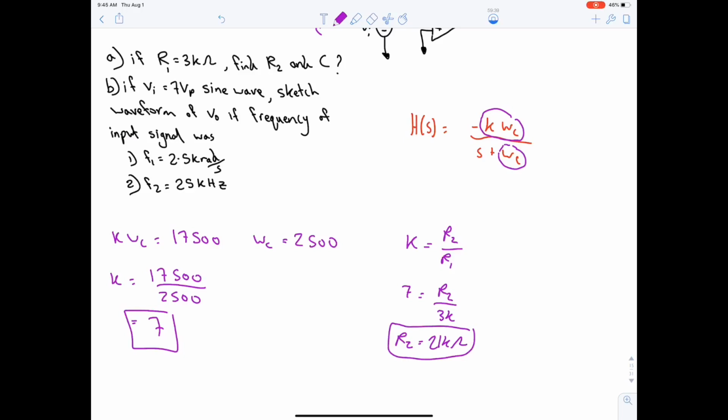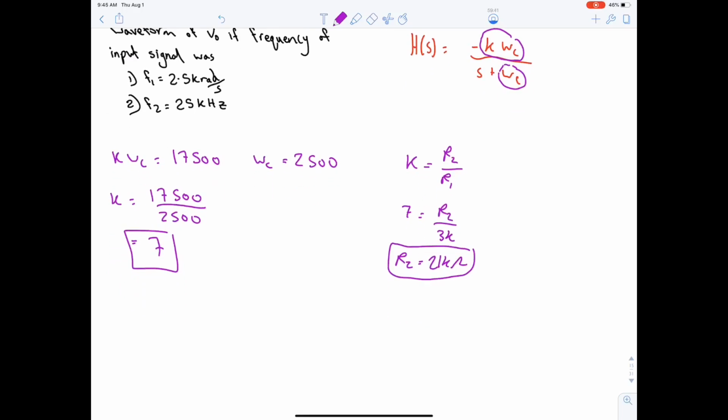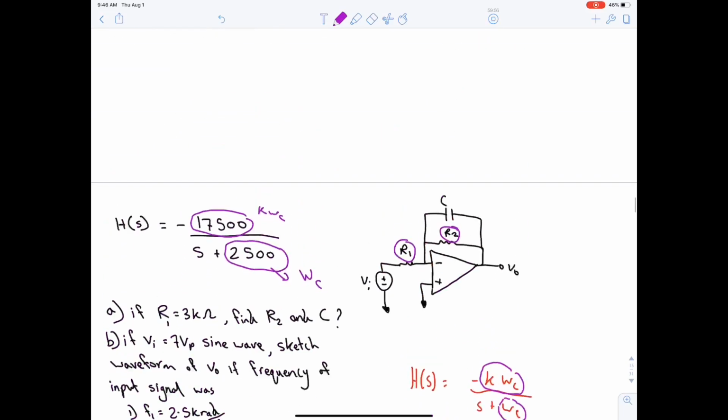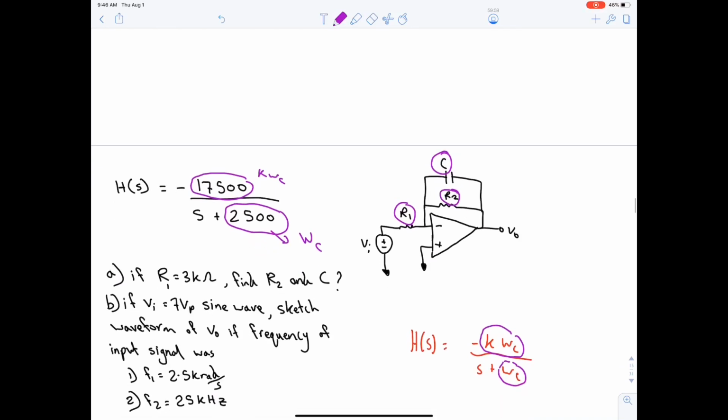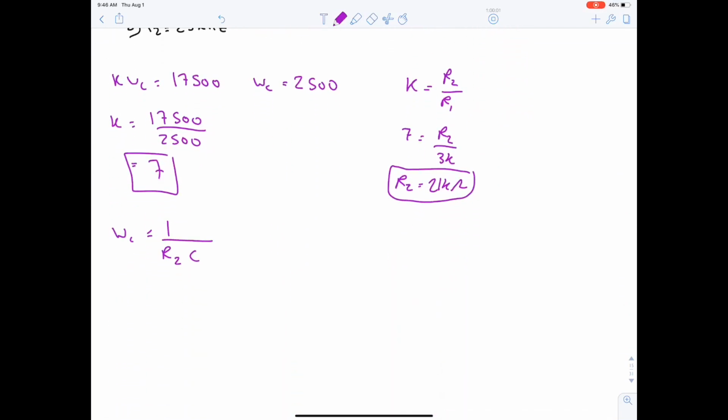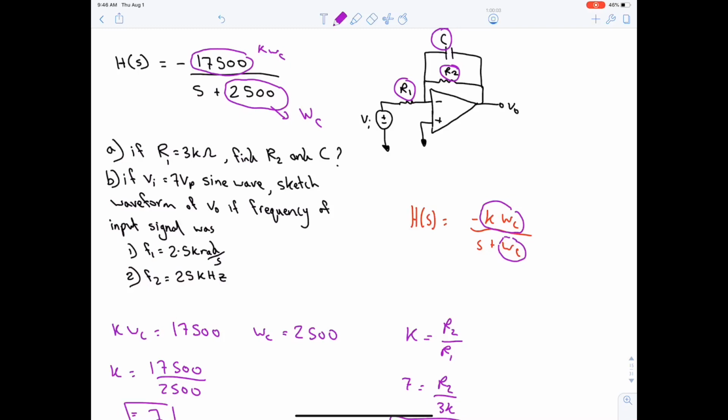After finding R2, we can find C. How can we find C? We can find C from omega C, right? Omega C is 1 over R2C, because it's the resistance and the capacitor together. Omega C is given, or is it given?